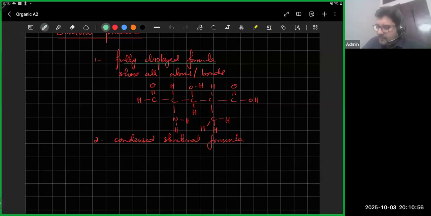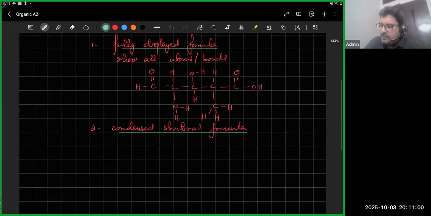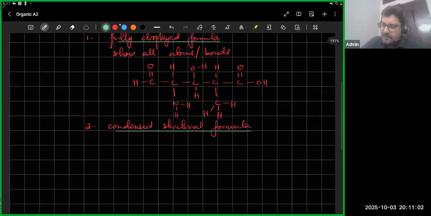In the condensed formula, you're still showing the structure, but you're running out of space. If I draw the condensed formula for the first one, I go from one side and keep writing whatever appears on this side. Aldehydes are written as CHO. So you've got CHO, that's the first part.